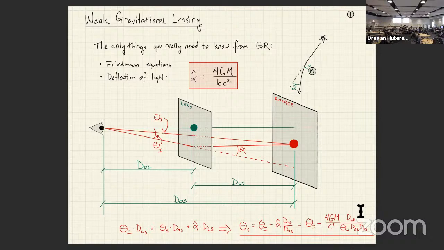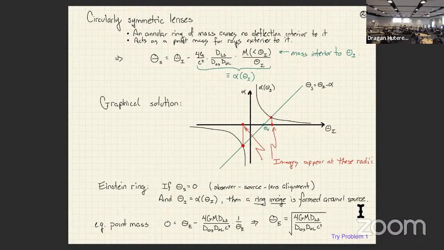Okay. All right. So let's think a little bit more generally about circularly symmetric lenses, not just a point mass, but any mass that is a function of radius on the sky. And you may recall from your mechanics class that Newton proved that a spherical shell of mass acts as a point mass on anything that's outside the shell, right?